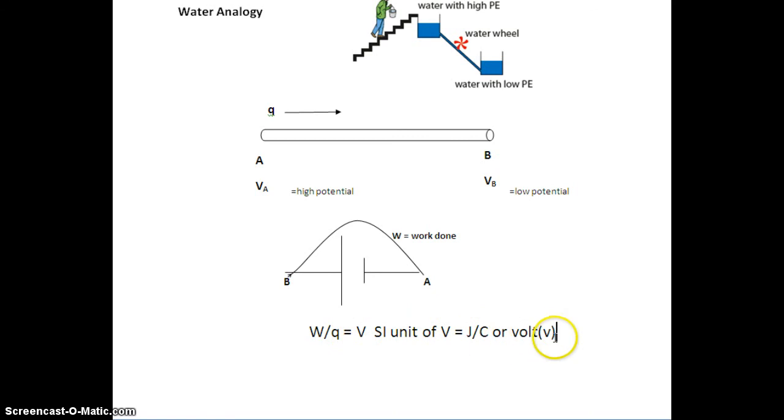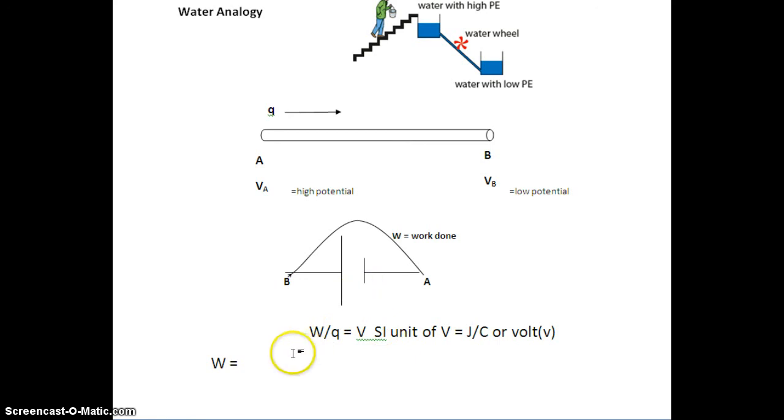From this formula you can find the amount of work done, or the amount of electrical potential energy. If you take the Q in the denominator to the right hand side, W becomes Q into V. Therefore W equals QV.